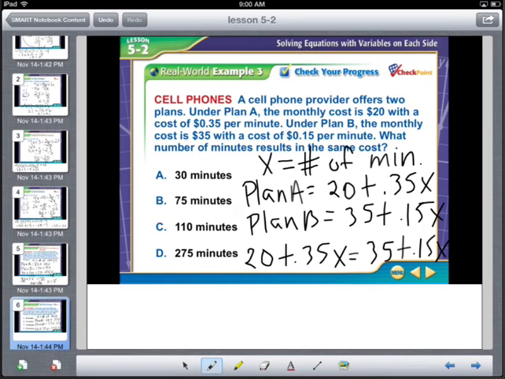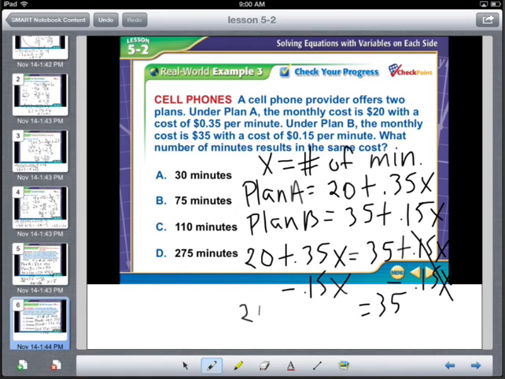Okay, now it's an equation just like we've been working. I've got an x on both sides. I've got to get my x's together. So I'm going to subtract 0.15x from this side, which is fine as long as I subtract 0.15x from the other side. So those are canceling out, leaving me with 35.